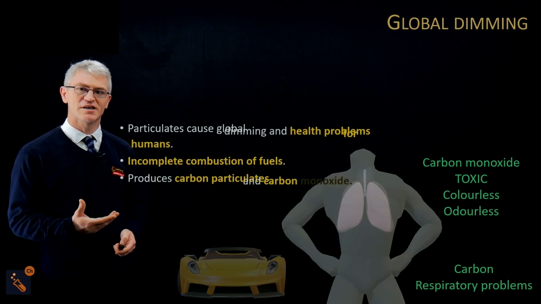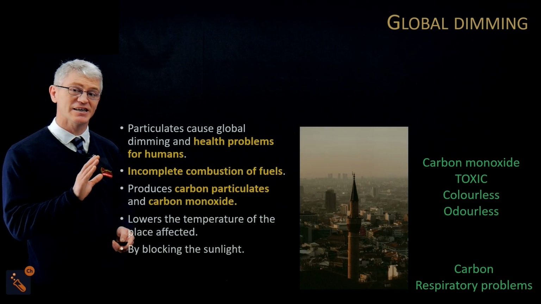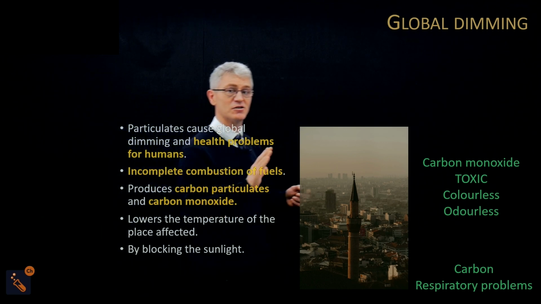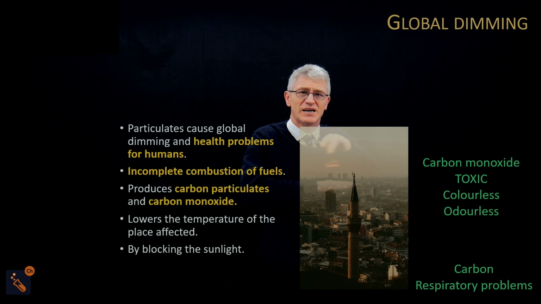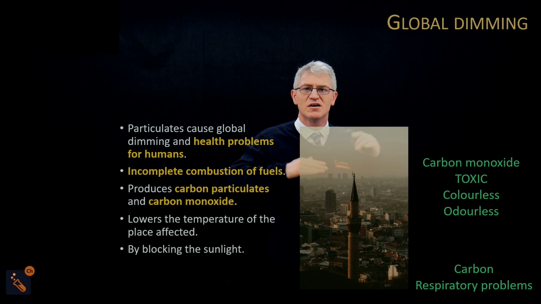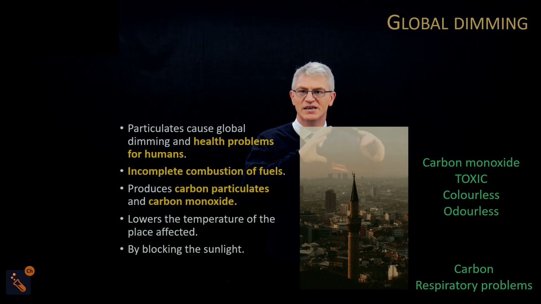Now, where does that happen? It happens really in big cities. So you've got a big city here, and you can see that kind of cloud, smog, that's going above there. It is full of these particulates and these different impurities that have come from burning fuels incompletely or burning the impurities in fuels.